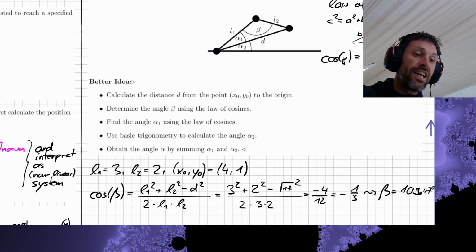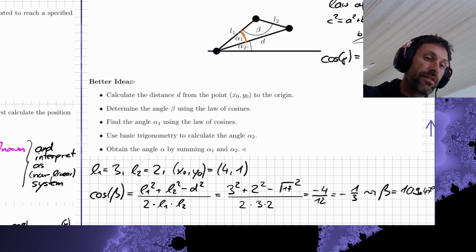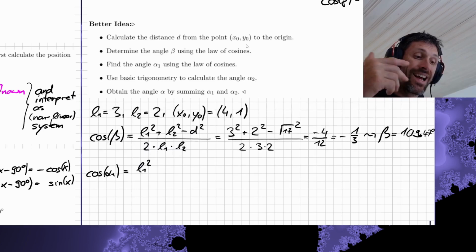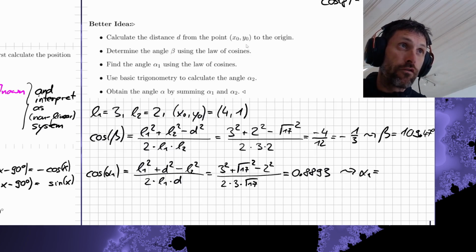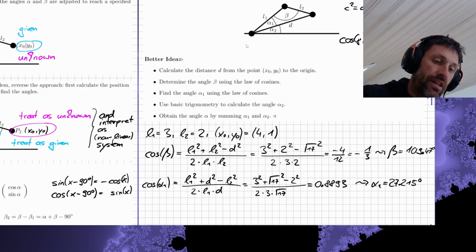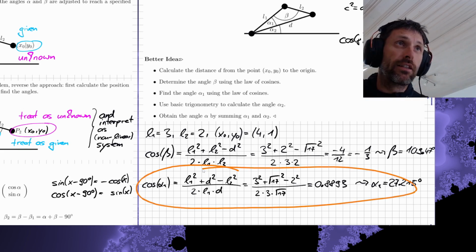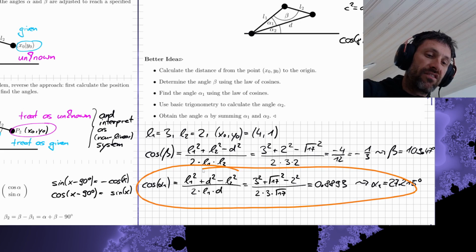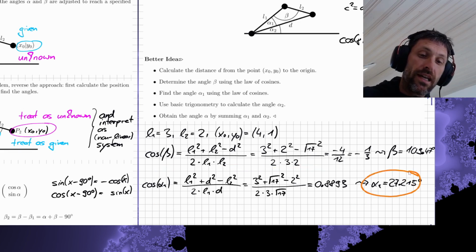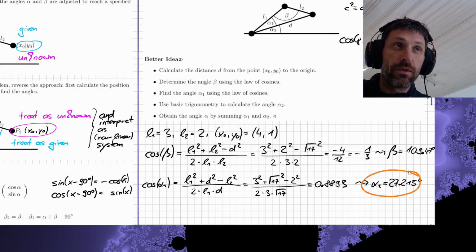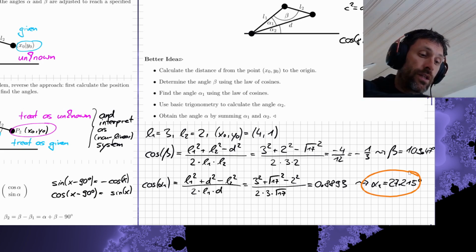So what do we do next? We will find the angle alpha 1 by again applying the law of cosines, and this is the calculation. Please check every detail. It's not completely obvious which number we have to plug in which position, but if you analyze the situation and analyze the law of cosines, you will find that these calculations are the correct ones, and in this situation alpha 1 will be 27 degrees.